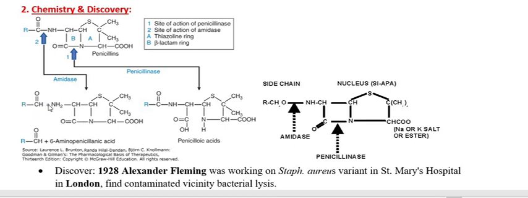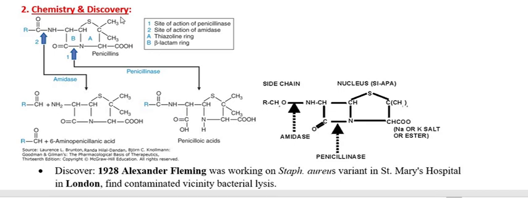When you add a side chain to it, you receive the semi-synthetic penicillins like ampicillin, amoxicillin, ticarcillin, piperacillin. These are all called semi-synthetic penicillins. So this is about the structure that I mentioned earlier.